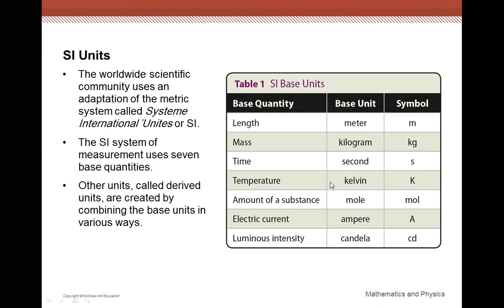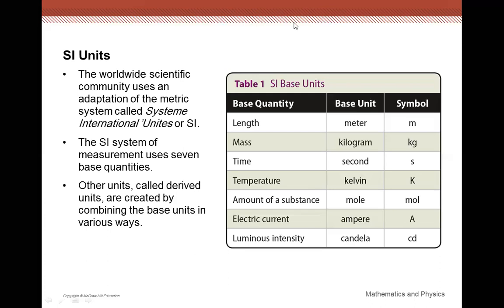They gather them in one table, and it is called the metric system, or the International System of Units, SI. The SI system of measurement uses only 7 base quantities: length with the unit meter, mass with kilograms, time with seconds, temperature with Kelvin, and so on. These 7 units are the base units. All the other units that we use are derived from them. For example, I need to get the speed.